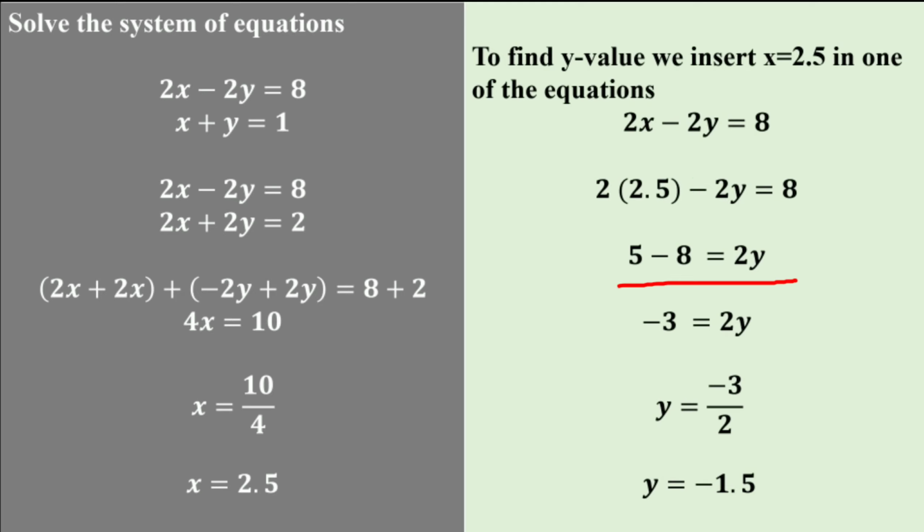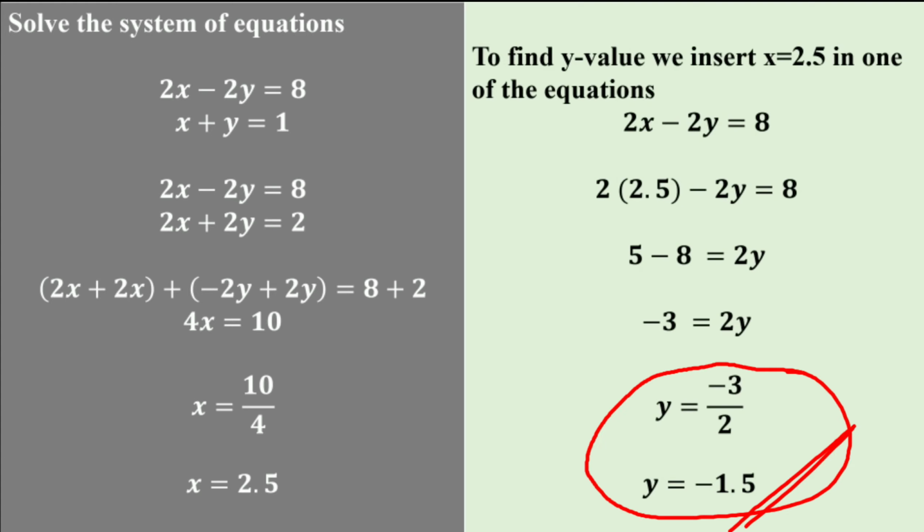Then 2 into 2.5 is 5, so 5 minus 2y is equal to 8. Taking 8 to the left hand side, it becomes minus, so 5 minus 8 is equal to 2y. 5 minus 8 is minus 3, which is equal to 2y. Therefore, y is equal to minus 3 divided by 2, that is, y is equal to minus 1.5.